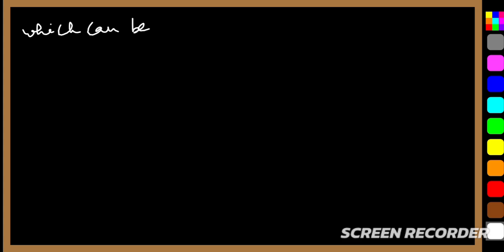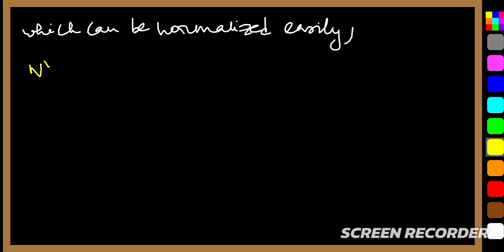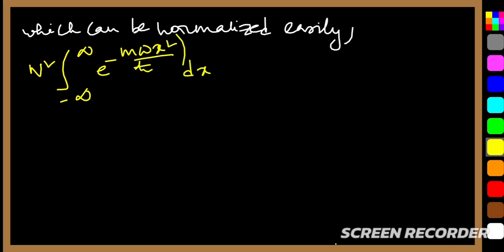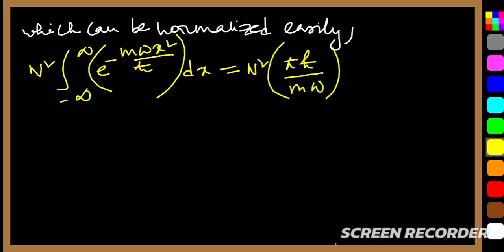Which can be normalized easily. That must be N square integration e to the power minus m omega by h cut x square dx equal to N square times h cut by m omega to the power half equal to 1.